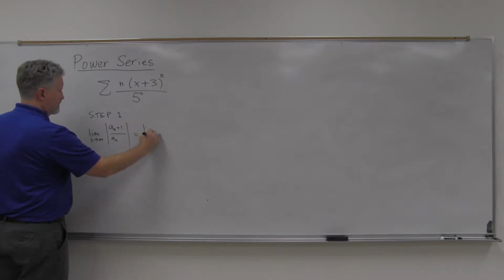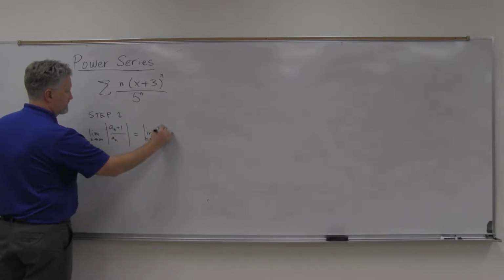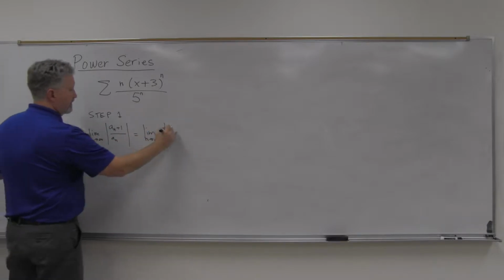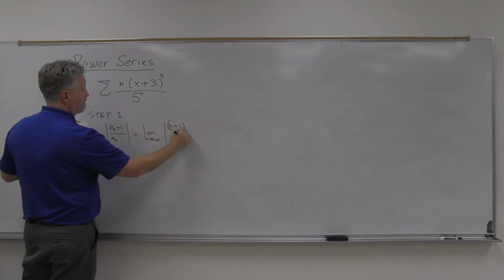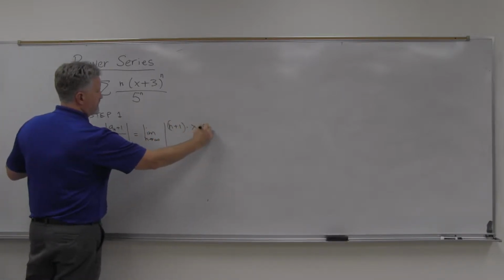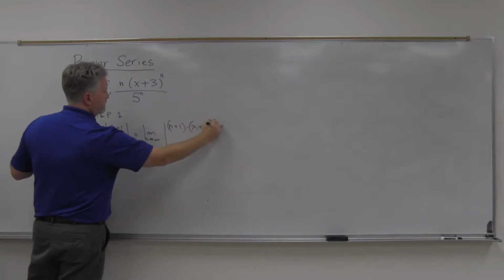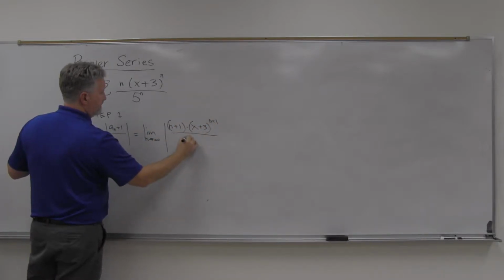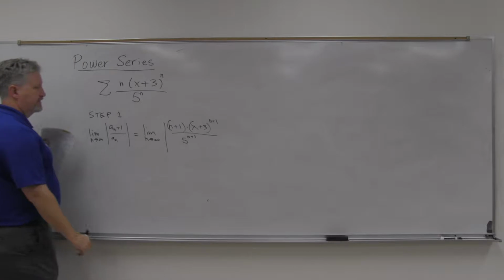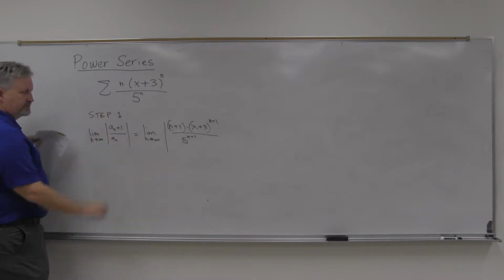So that is, in this case, the n plus 1 term, we would have n plus 1 times (x plus 3) to the n plus 1 divided by 5 to the n plus 1. That would be the a sub n plus 1.